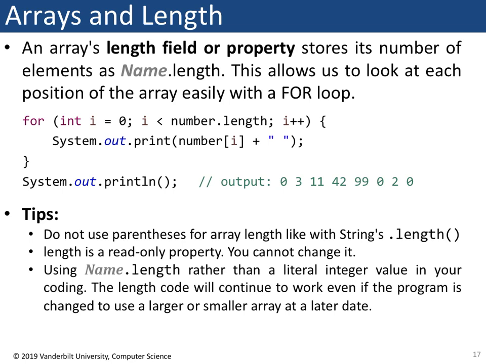The name of that field is length, and it's read-only. So let's say that you created an array of length 10, and you said, oh wait, no, I actually need it to be 12. Well, you would have to make a new array object because this array length is read-only and cannot change.